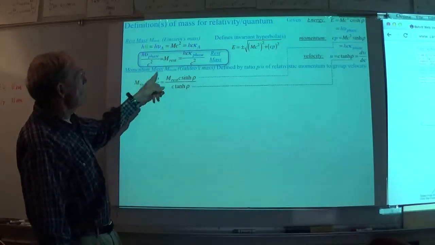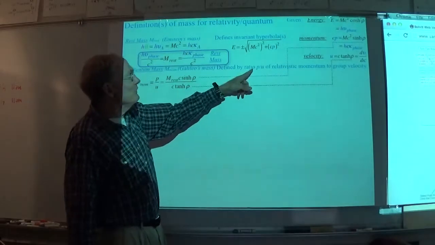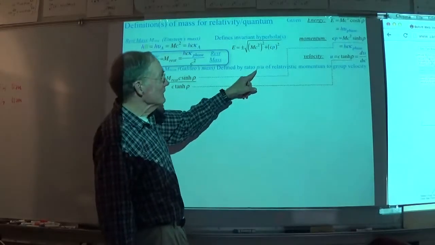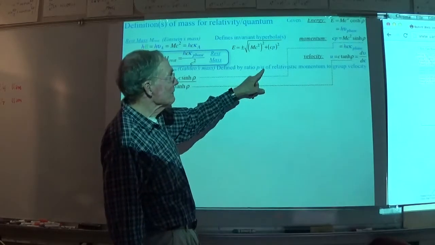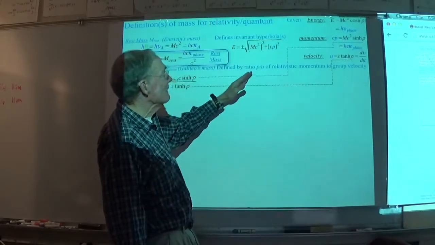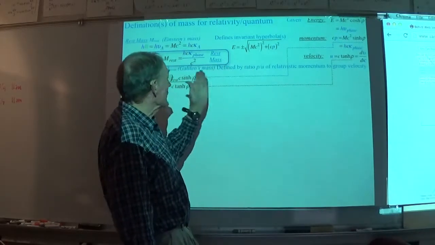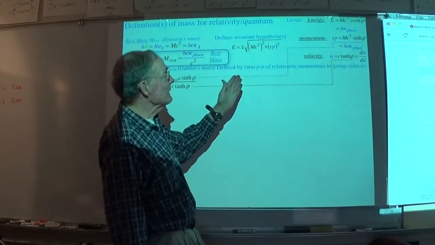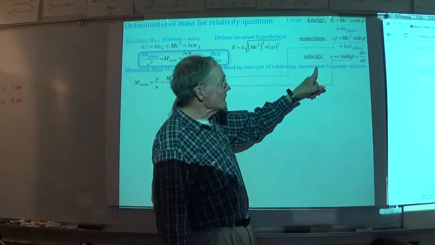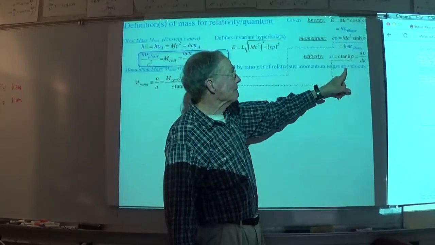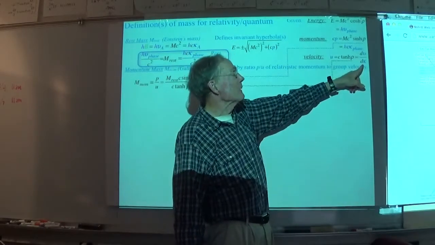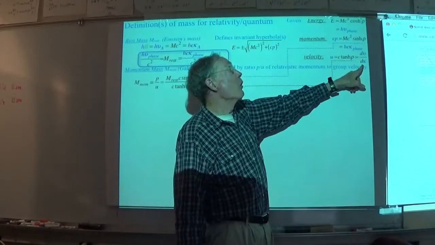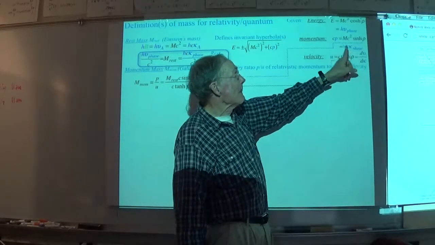But let's look at momentum mass. That's defined by the ratio of p, that's mv, over v, mu over u. That becomes m, but it's the m associated with momentum. We're going to use relativistic momentum and group velocity. There's your group velocity, the derivative of nu with respect to kappa, or omega with respect to k.